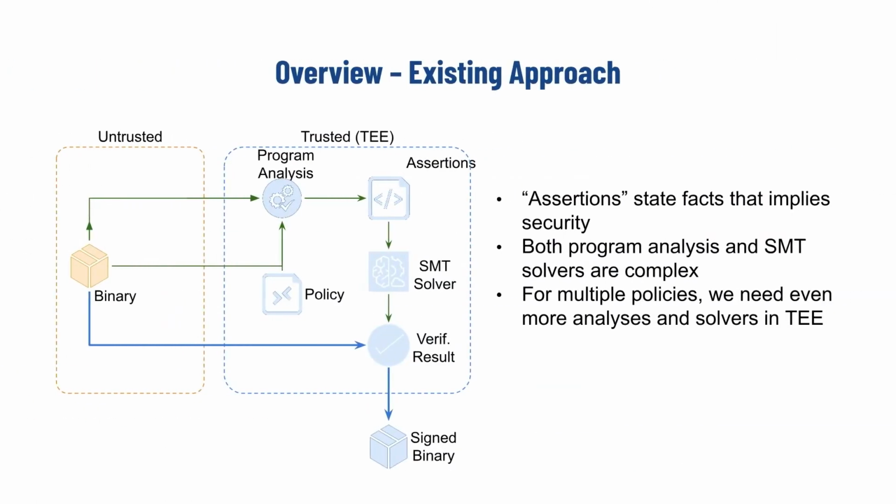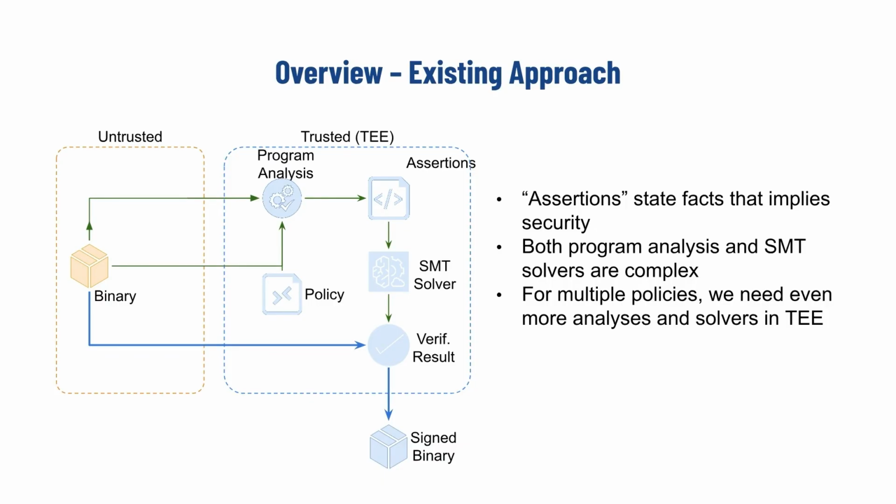The first innovation of Agora is to move the complex proof generator, such as static program analysis and logic-based proof system, out of the TCB. This diagram illustrates a canonical approach, which simply runs the verification workflow in a TEE. Based on the policy, the program analysis generates a series of assertions for the binary to be verified.